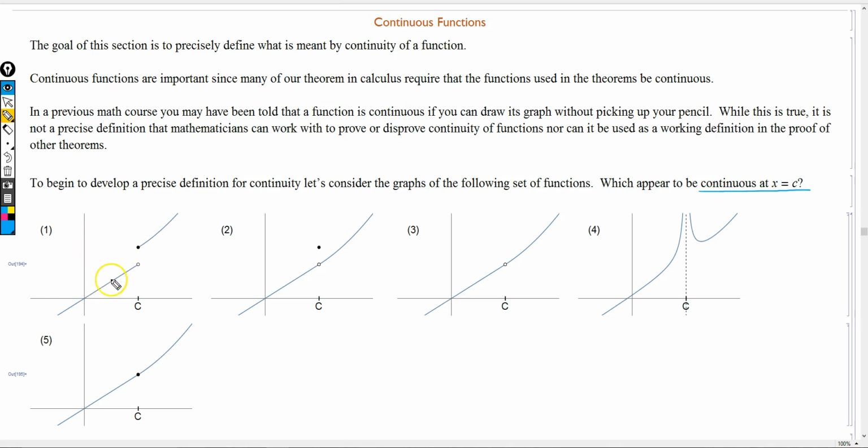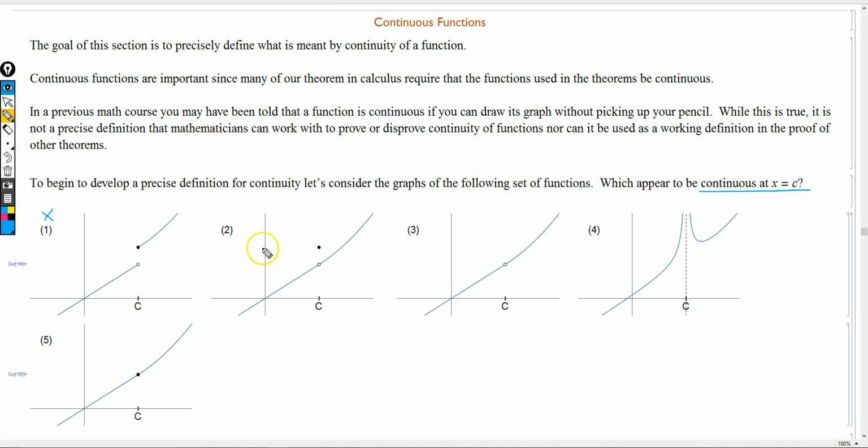So for number 1 here, notice if I try to draw the graph, I actually have to pick up the pencil and then move up to the black dot here and continue on. So this one does not look like it should be continuous at x equaling c. Number 2, same thing, I draw the graph here, and then I have to pick up my pencil, put that little black dot there.